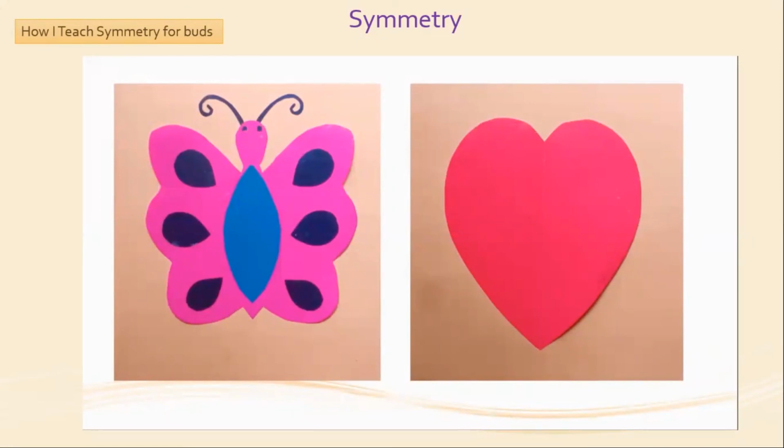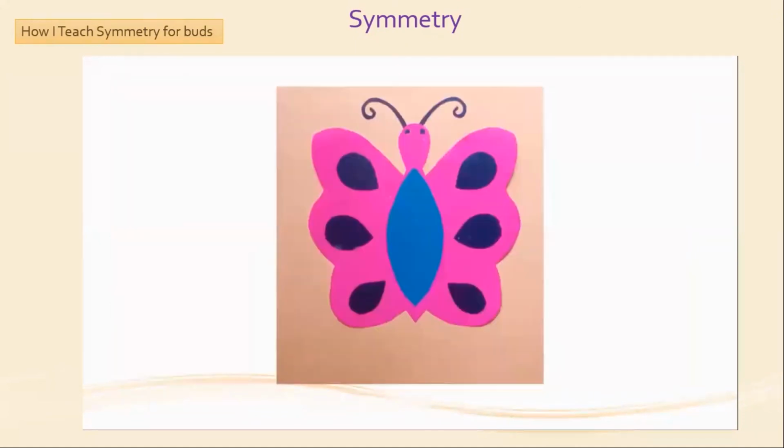So the first picture I show you is a beautiful butterfly. Now I'm going to ask you, is this symmetrical? You need to think to yourself, "Hmm, teacher is asking me if it is symmetrical. I know that. Teacher said that if something is symmetrical, it has to be the same on both sides.